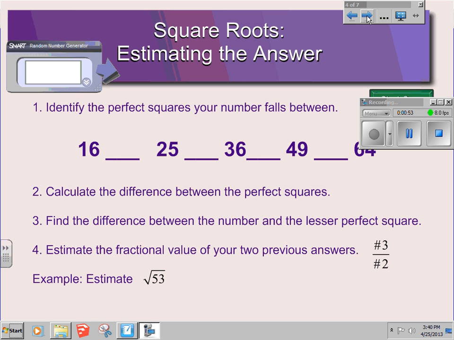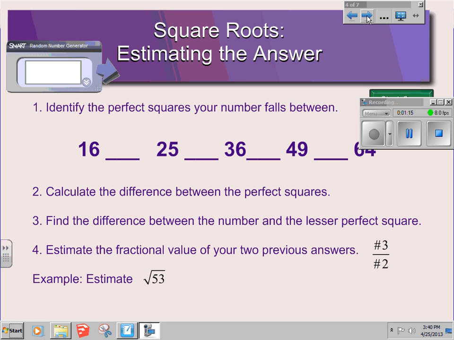The first thing is estimating the answer. So the first blank on your note sheet is one. We're going to talk about how you estimate the answer to these without a calculator. Basically, you've got to think about all the perfect square numbers that you know. I have a few of them listed here on the screen, and you have more of them listed on your note sheet.